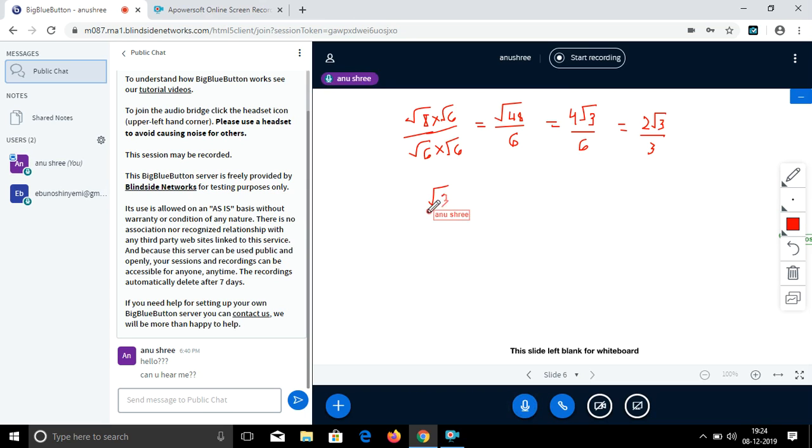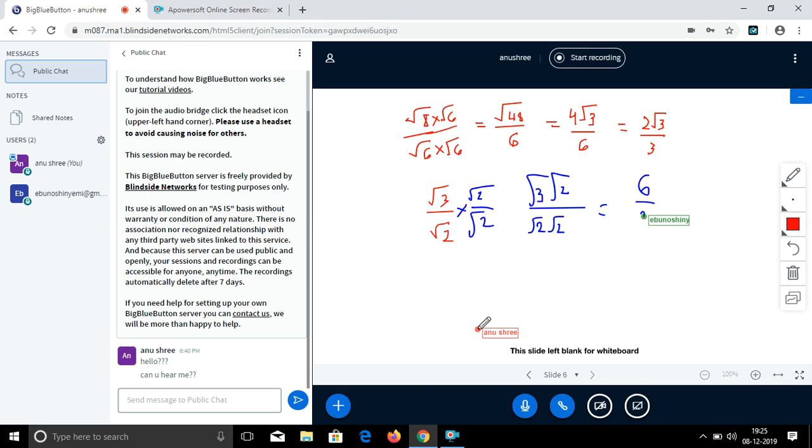Root 3 divided by root 2. Yes, that's correct. Okay, one more.